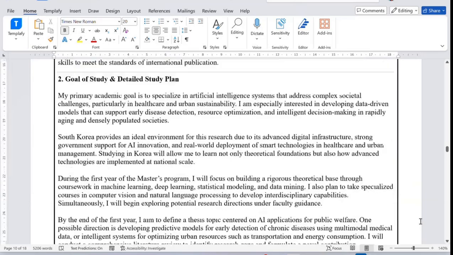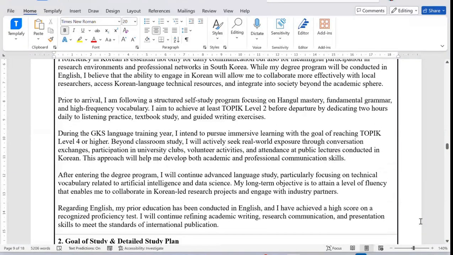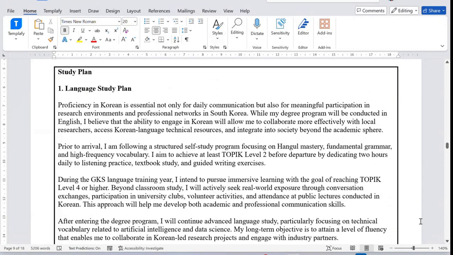So this is just a structure, a skeleton I have written for my case. So you can adapt it or you can write your own for your own field of study, and if you are submitting the GKS-G application this year, then you should be good to go with this.